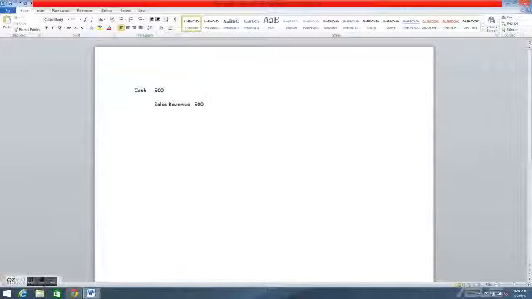Now the second journal entry that must be made consists of a debit to an expense account called cost of goods sold. And the amount that gets debited here is the inventoriable cost of the good. That means it's the value that it carried in the inventory account when it was in the inventory account on the balance sheet.